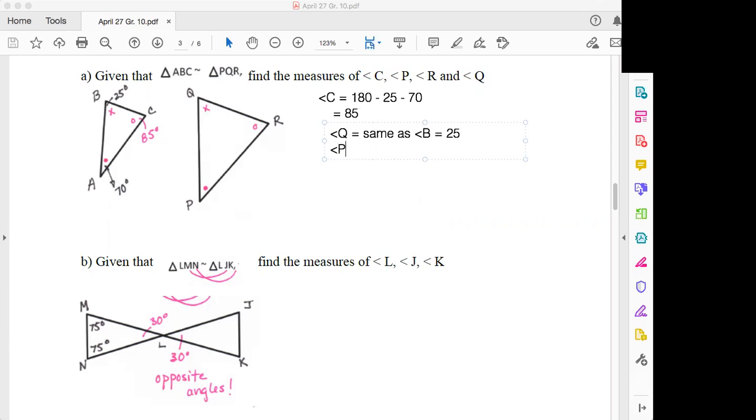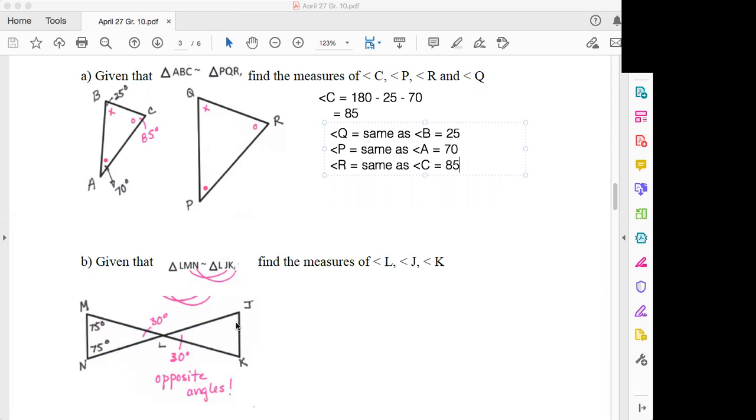We're going to look for angle P, which is going to be the same as our angle A, which is 70 degrees. And finally, our last one is R, which is the same as angle C, which is 85. Okay, relatively simple. It's not too difficult.